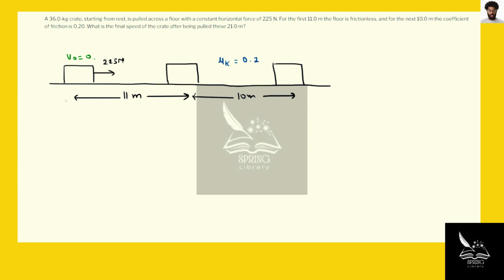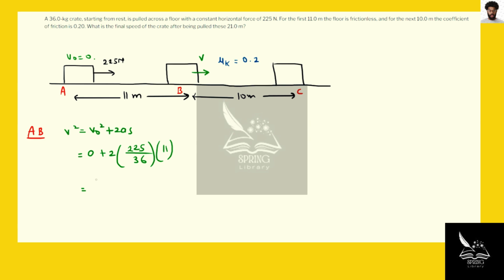For the first stretch, let's call it A, B, and C. For the stretch of AB, we can use the third equation of motion, v square is equal to v naught square plus 2as, where this is v. So the initial speed is 0 plus 2 times acceleration, which is force 225 over mass, which is 36, and s is the displacement, which is 11.